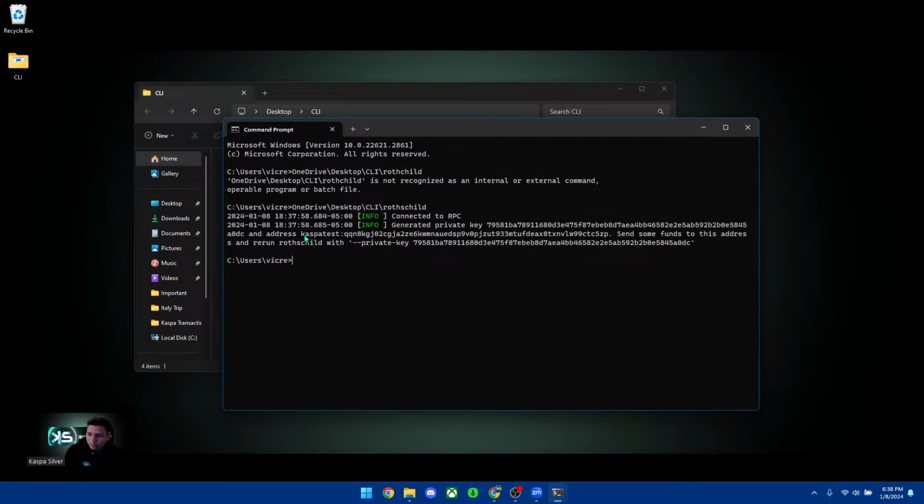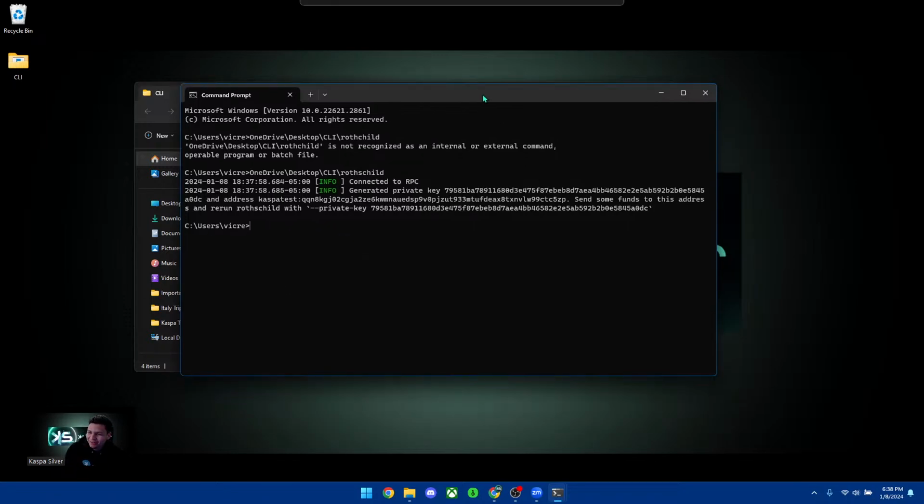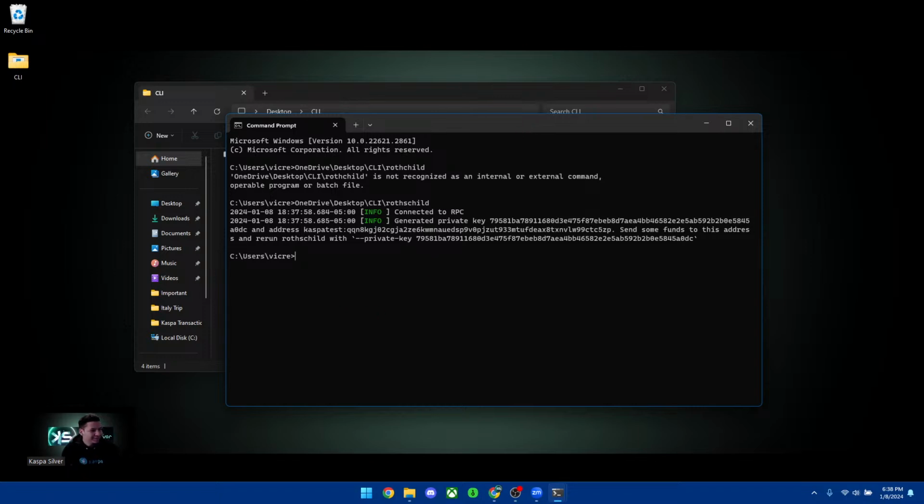So this is my Kaspa wallet right here. Send some funds to this address and return. I'm seeing the chat now. Everyone's like spelling. Thank you. I'm doing it. Don't worry.